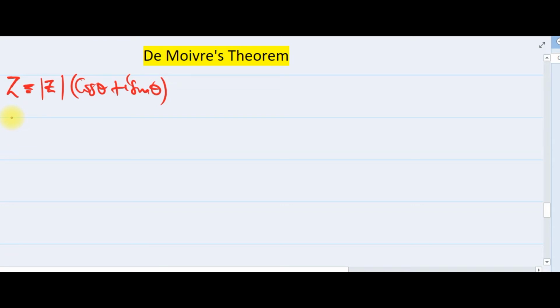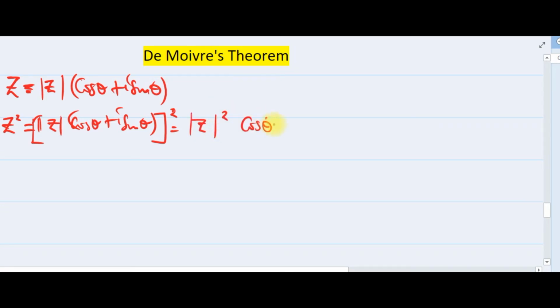So let's find the power. Let's try and find the power z squared. We have z equals r (cos theta plus i sine theta) all squared. Using our laws of indices, we can split this as r squared times (cos theta plus i sine theta) all squared.